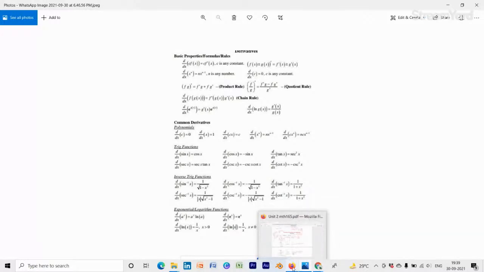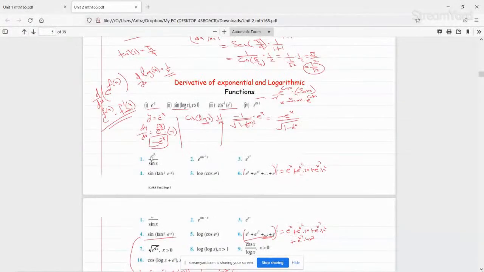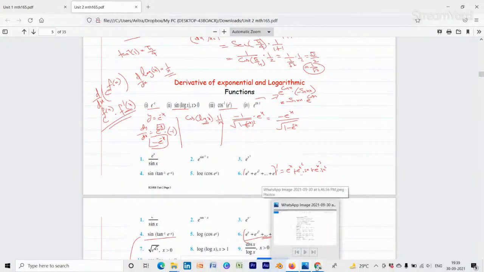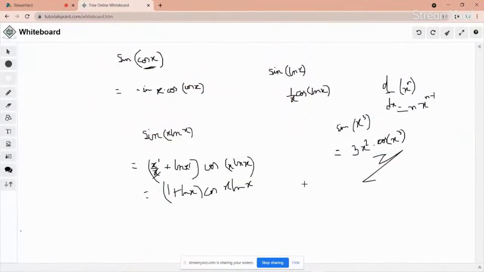Let's just solve sums here. Let's take the sums from these notes only. e to the power minus x, what will be the derivative of e to the power minus x? Just showing you. e to the power minus x, so the coefficient of x is -1, so first it will be a minus e to the power minus x.